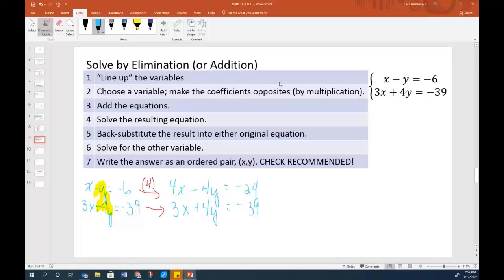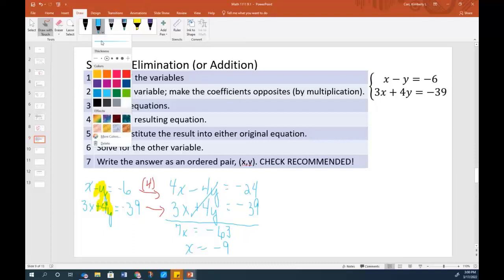I multiplied and I made my coefficients opposites. Now add the equations. When you add these equations, I have 7x, the y's went away, equals negative 63. Divide both sides by 7, x is negative 9.